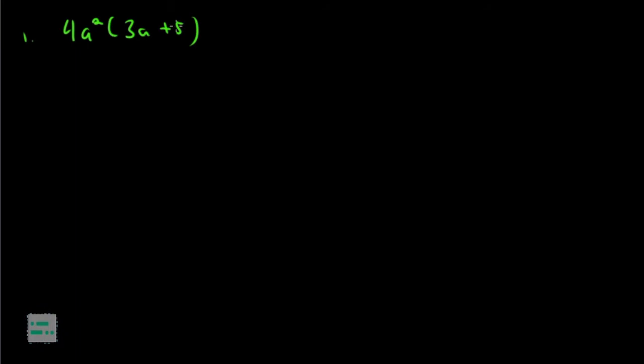Kaya nakagroup yan kasi magkasama yan na dapat mong i-multiply dito sa nasa labas ng parenthesis. This is actually a monomial multiplied by a binomial. Again, to do that, multiply 4a squared by 3a, and 4a squared by positive 5.